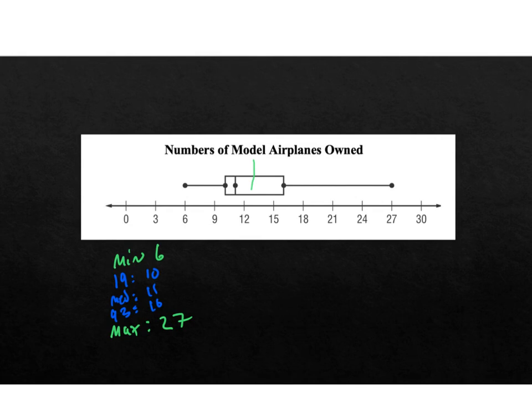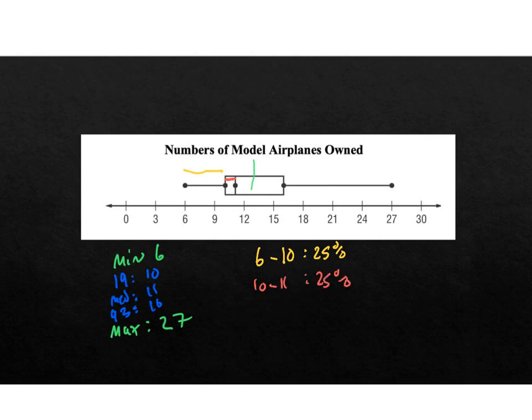And then we can look at it in terms of 25% to 25%. So 25% of the people owned 6 to 10 airplanes. That was 25% of all the data surveyed. 25% of the people owned 10 to 11.